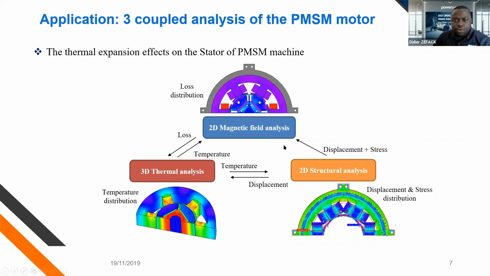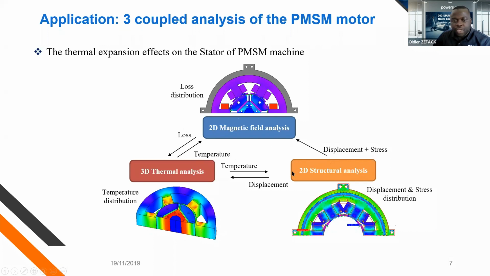So these are the three analyses that I will build. The magnetic, where I will calculate the losses, and then the loss will be sent to the thermal, where I will calculate the temperature. Into the structural, I will calculate the displacement and the stress, and I will make the loop between the two analyses to exchange some data.